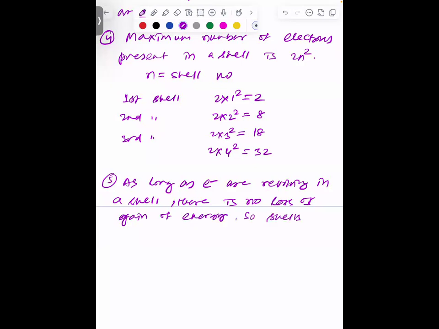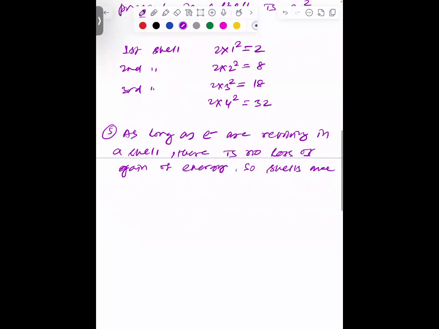So shells are named as energy levels. Is that clear? Okay. So this is the case.